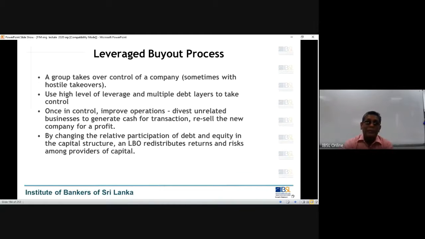So for that purpose, sometimes we also use leverage buyout. So what is leverage buyout?